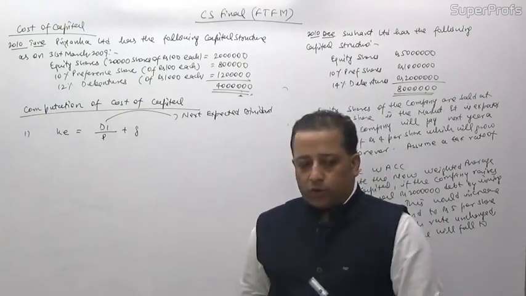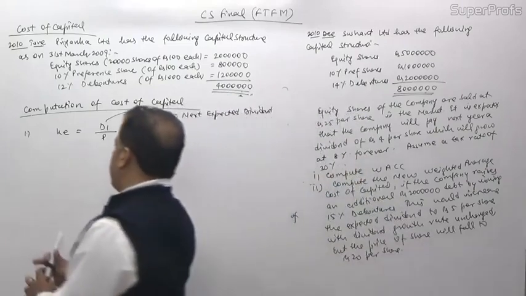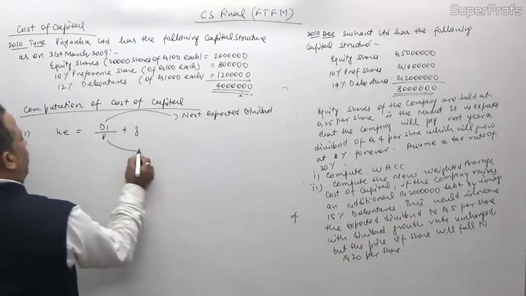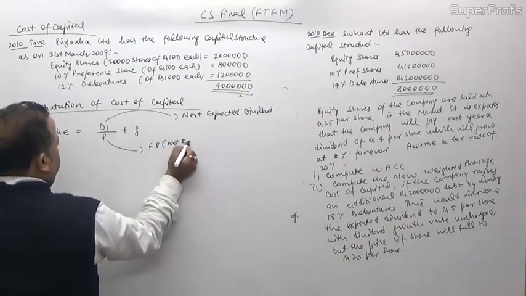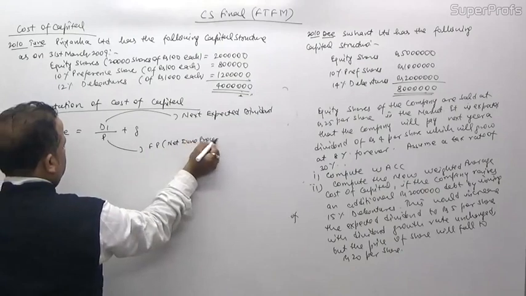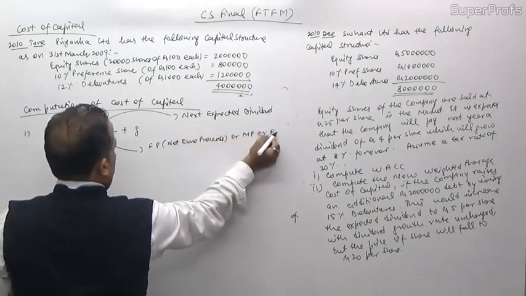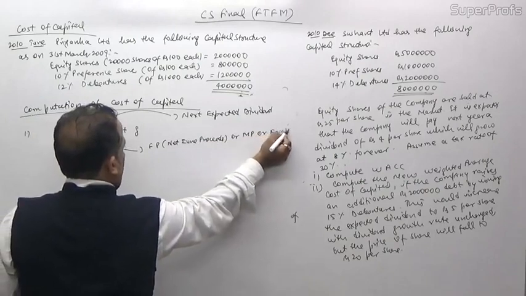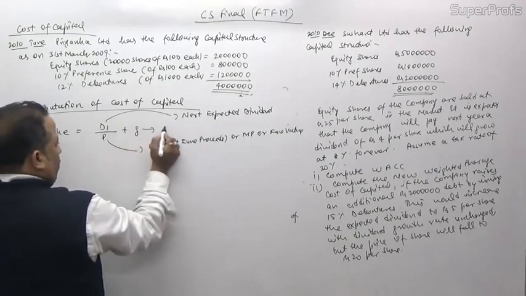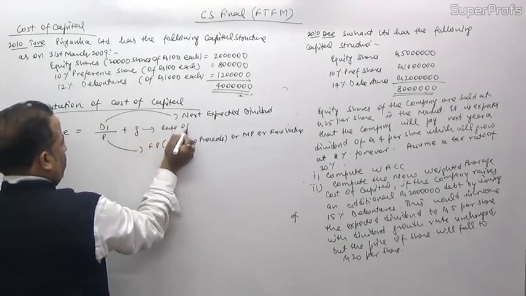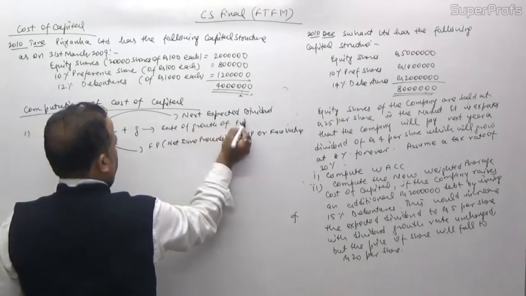So in this question, D1, the next expected dividend, is given. P stands for flotation price, meaning net issue proceeds, or market price, or face value, in that order of preference. And G stands for the rate of growth of price of a share.